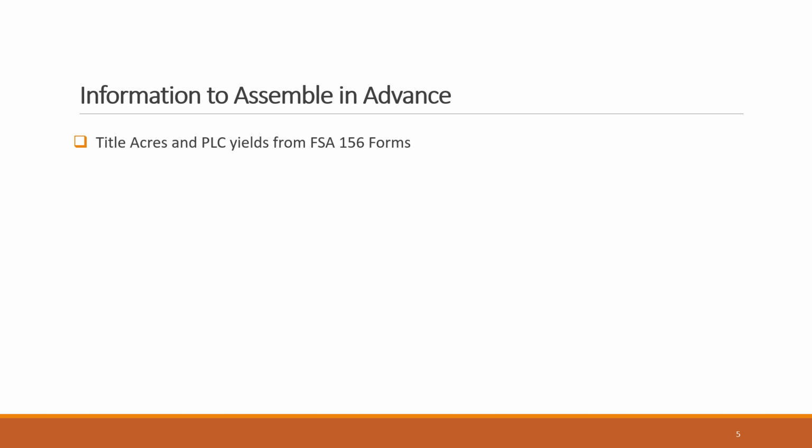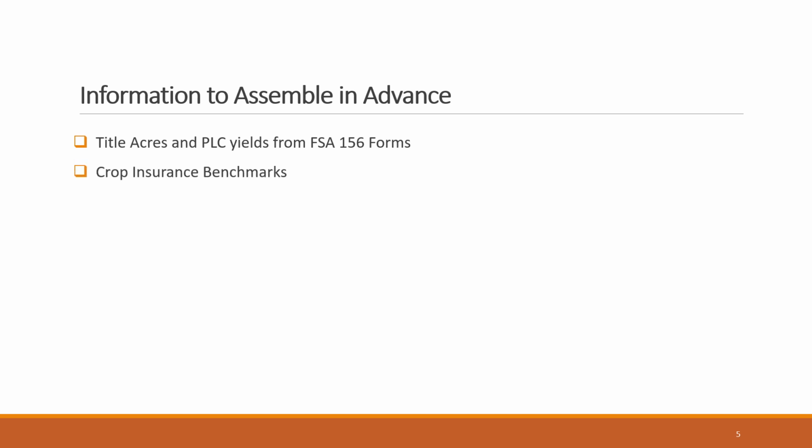Those are available on FSA Form 156 forms, where you'll see across your various farm units, there'll be acres, there'll be PLC yields, and we'll want to aggregate those up for purposes of putting them into the model.